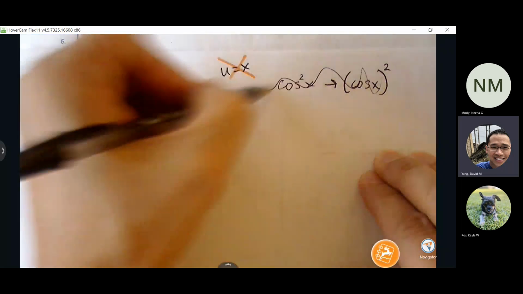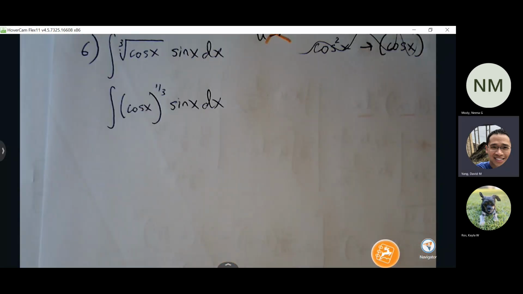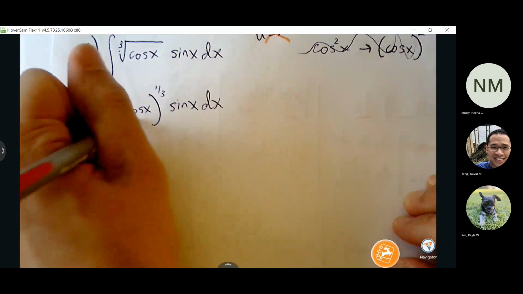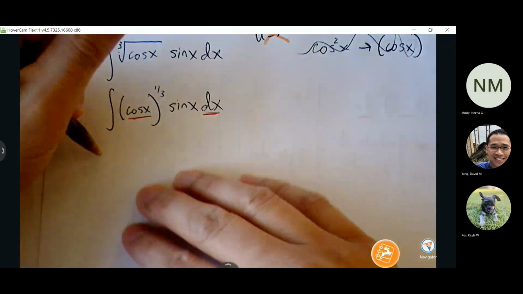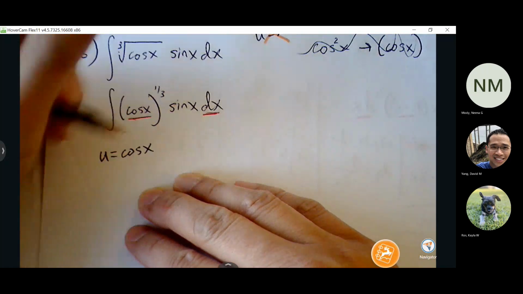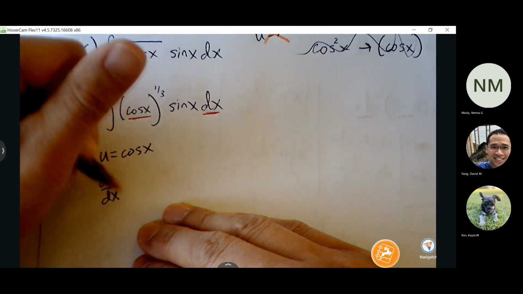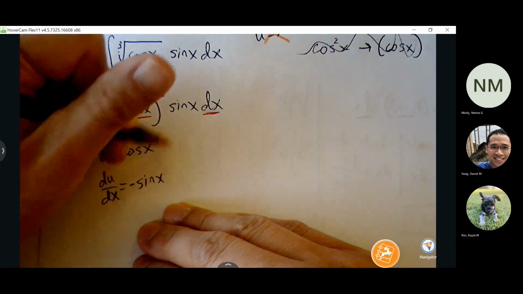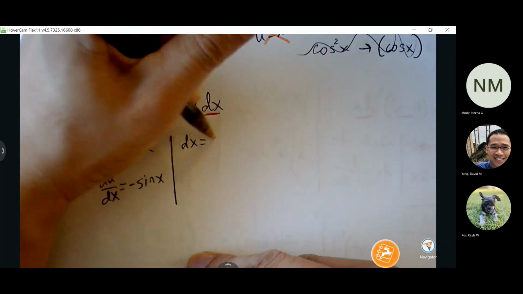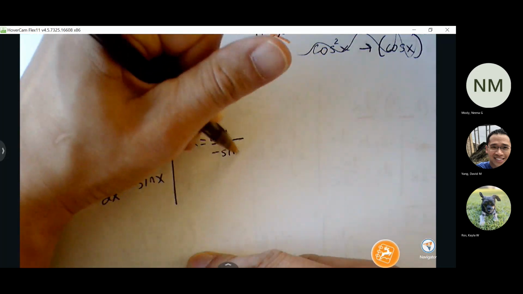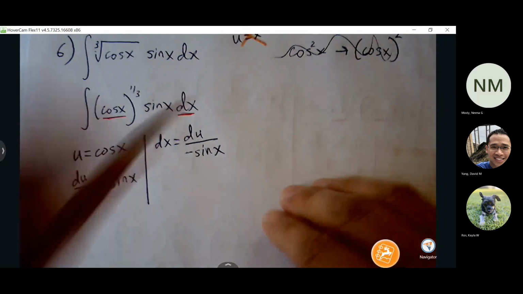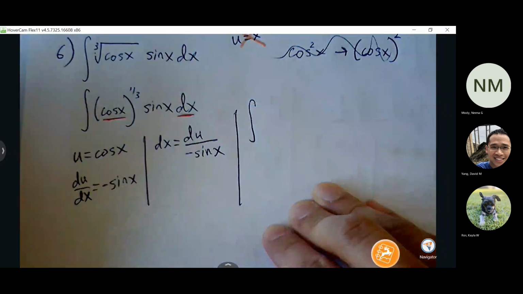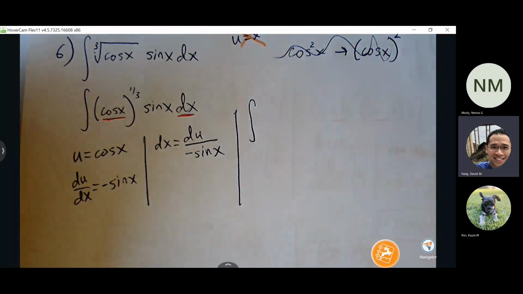Okay, so we let our u value be what's inside the parentheses. Replace cosine with u.